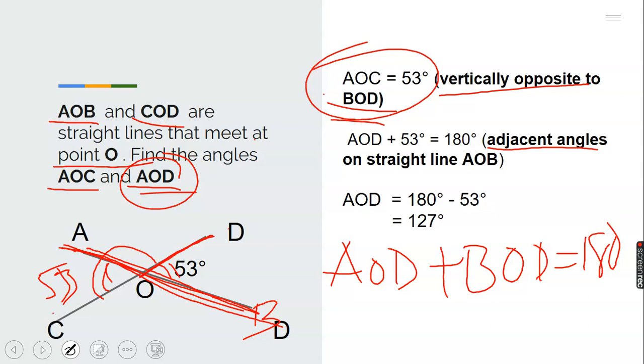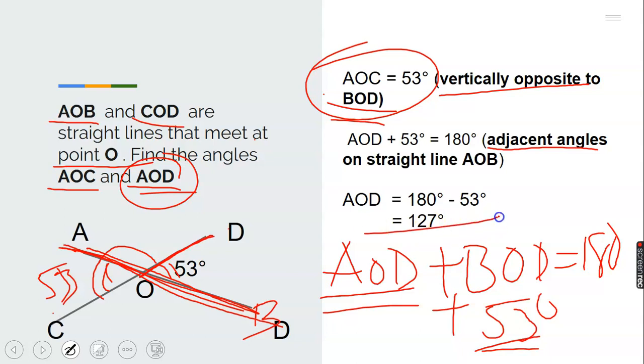And what is our AOD? We don't know it, but we know BOD to be 53. To get AOD, you subtract 53 from 180, which is what I've done here, to get 127 degrees. You can see it's not hard.